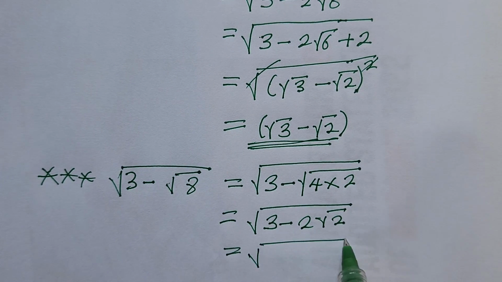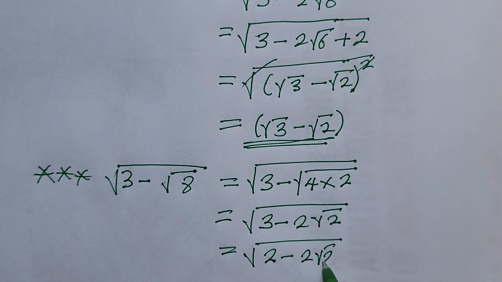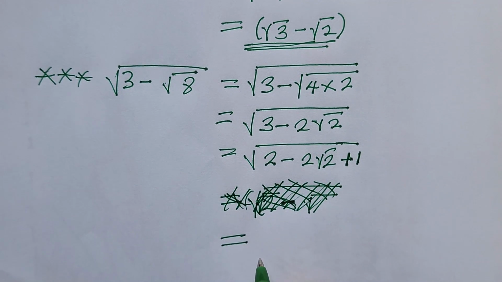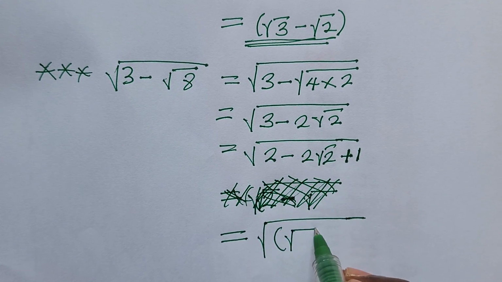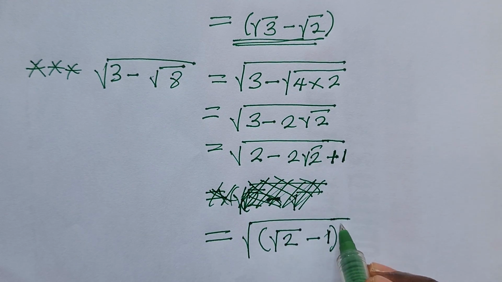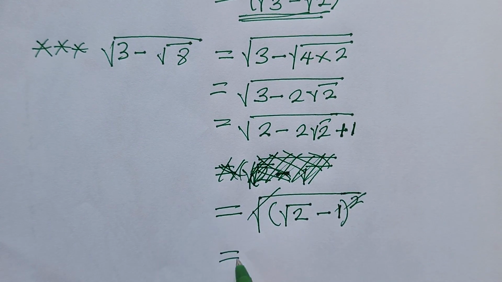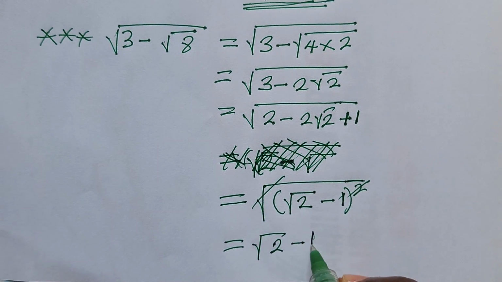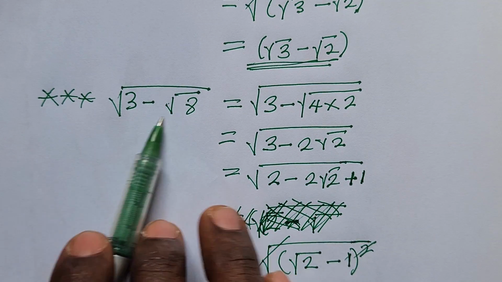So this could be written as 2 minus 2 root 2 plus 1. So this will now give us the square root of bracket the square root of 2 minus 1 all to the power of 2. This will leave the system. So we'll now end up having the square root of 2 minus 1. So this is the expression for our third term.